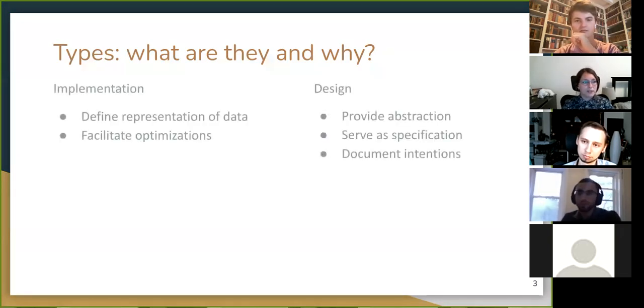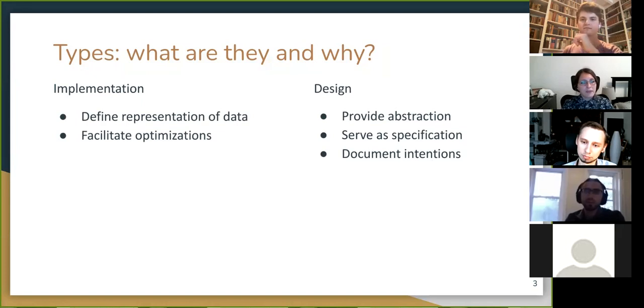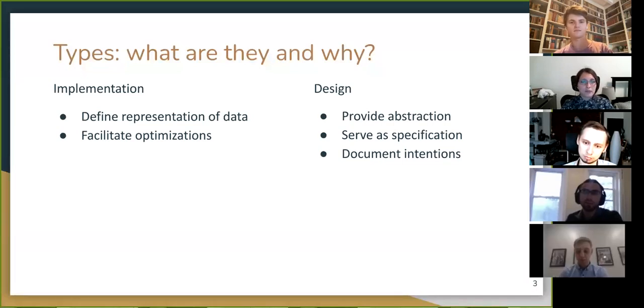And just to have some examples on the slides, types can definitely mean different things in different contexts. So compilers, for sure, they do describe how values are represented in memory, and they are also used internally to do optimizations and stuff. But also from the design perspective, exactly, I don't know who was the last speaker, but talking about representing data, right?